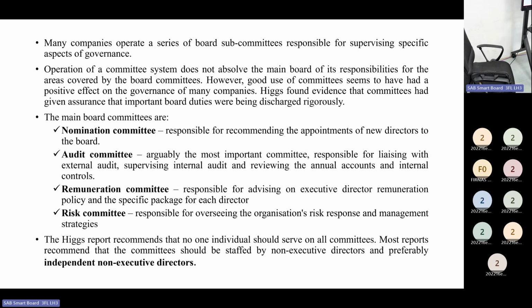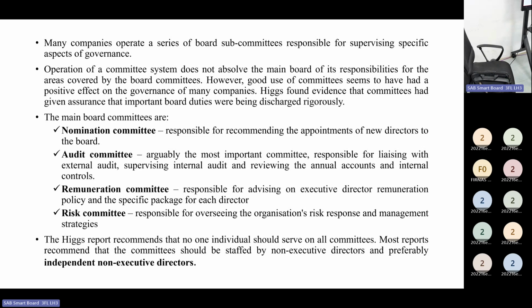Okay? So having these committees shows a sign. In the annual report on governance, they show what subcommittees they have. By showing all these, they are trying to show the public, yes, we are a company which has a good governance system inside the organization. Okay. It found evidence that committees had given assurance that important board duties were being discharged rigorously. Right?